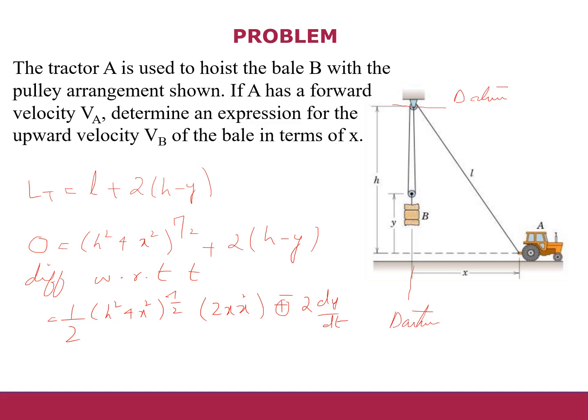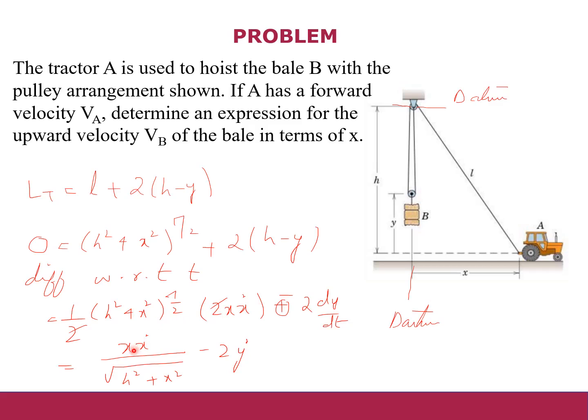So this 2 and this 2 will be cancelled, and you are left with x into x dot divided by h square plus x square minus 2 y dot, right?